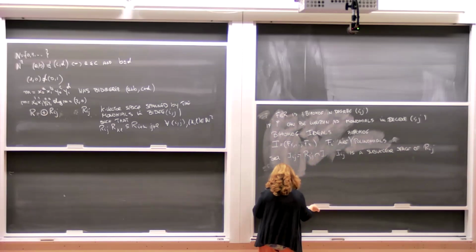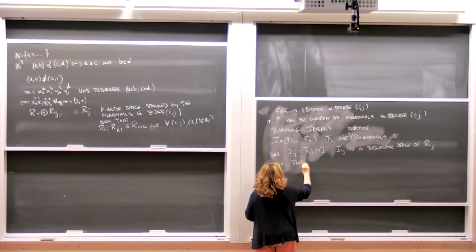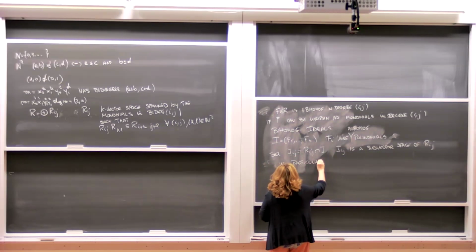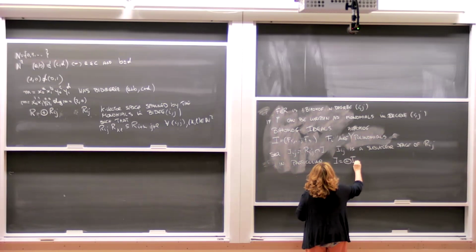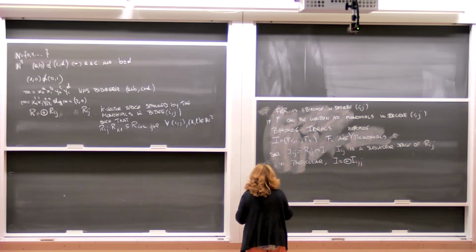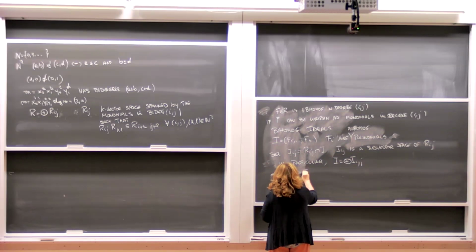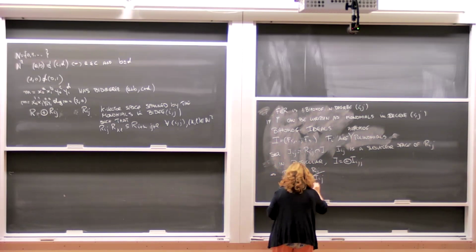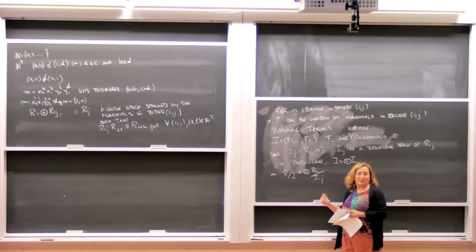And so we have that in particular, I is just the sum of all the pieces. So this means also that our quotient ring can be written as the sum of Rij over Iij, okay, so this is for ij in N squared.